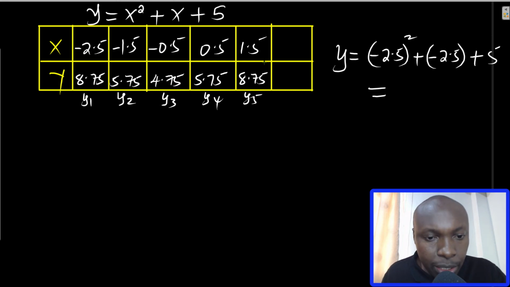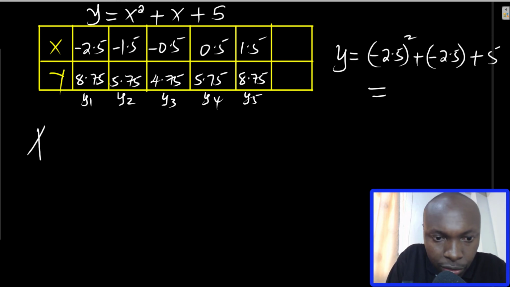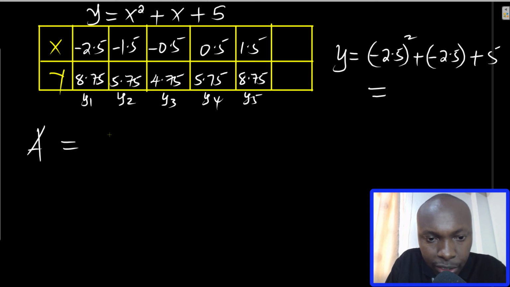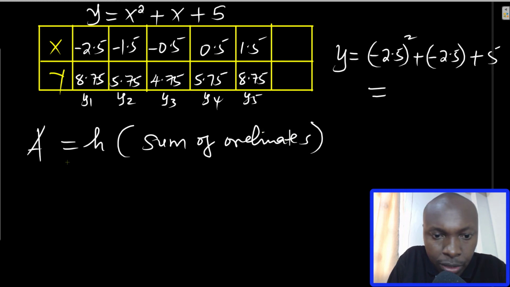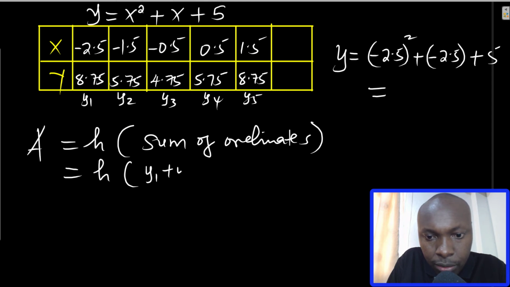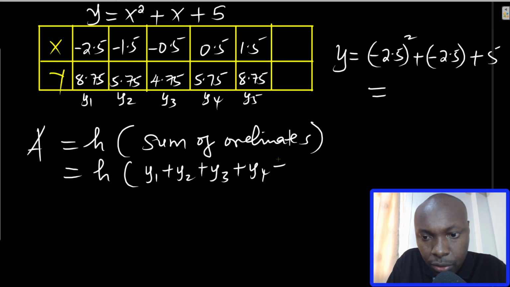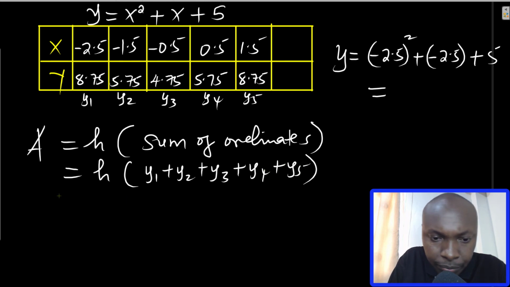Now using the mid-ordinate rule, you have these values to get the area by mid-ordinate rule. It will be the height multiplied by the sum of the ordinates. This is how we use the mid-ordinate rule. Now in this case the sum of the ordinates is y1 plus y2 plus y3 plus y4 plus y5.